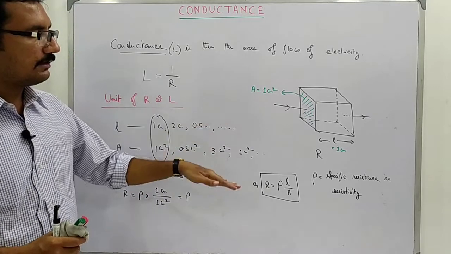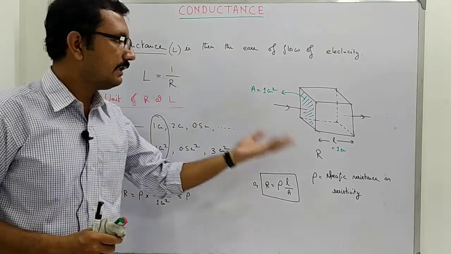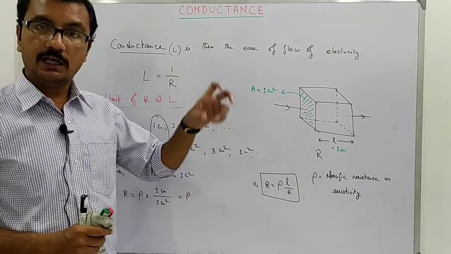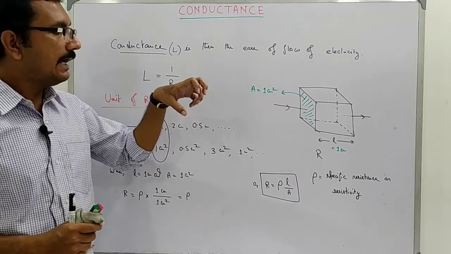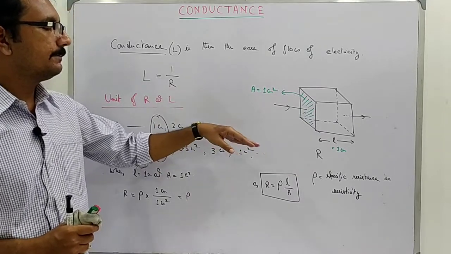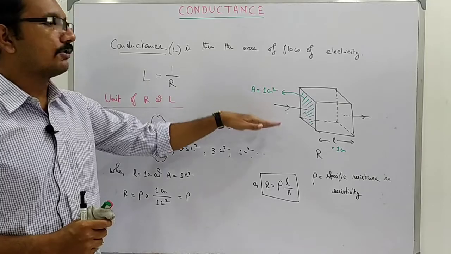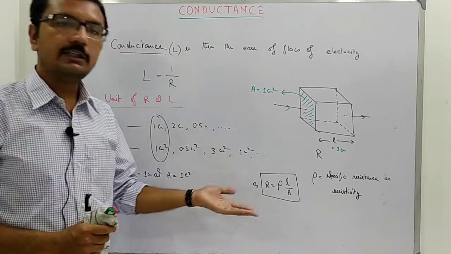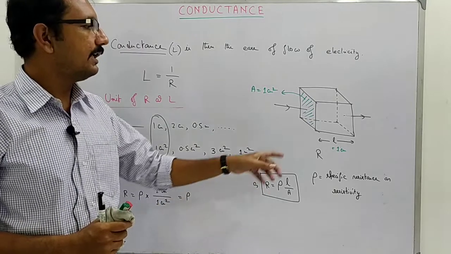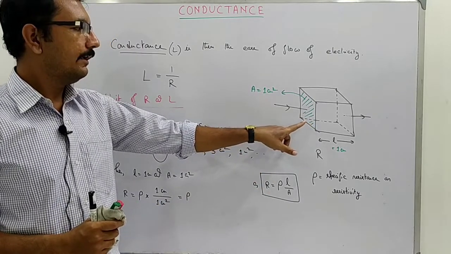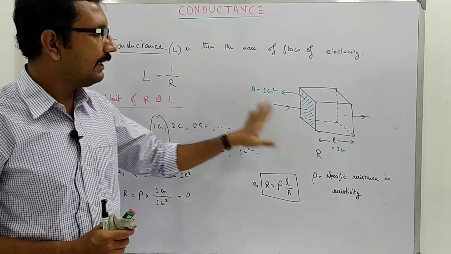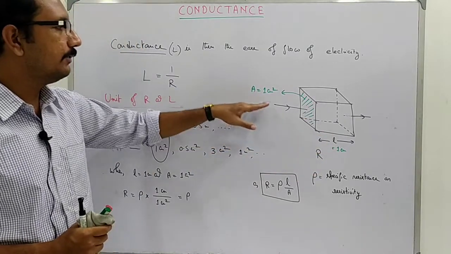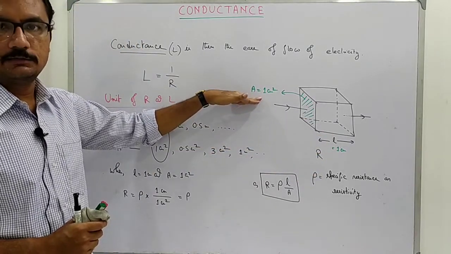Resistivity of a conductor is also the resistance of that conductor, but having a specific length and cross section. You may take any value for L, you may take any value for the cross sectional area.